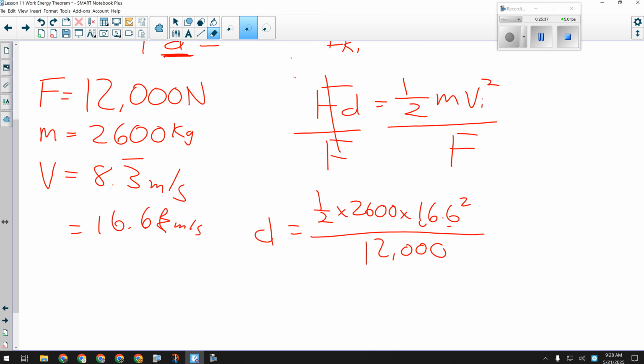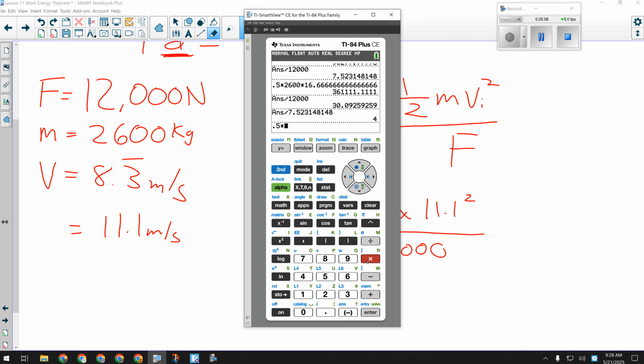Let's say I'm going 40 kilometers per hour. 40 kilometers per hour is 11.1 meters per second. So if I do that calculation now with 11.1 in here, initially it was 7.5.